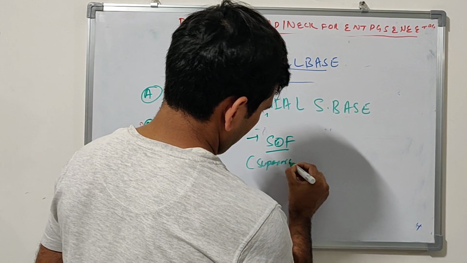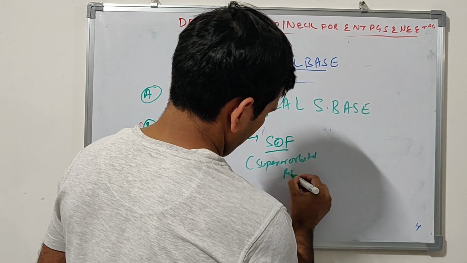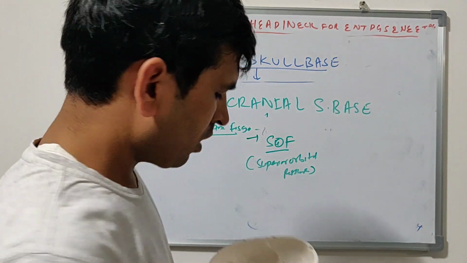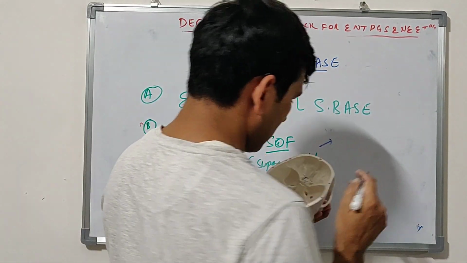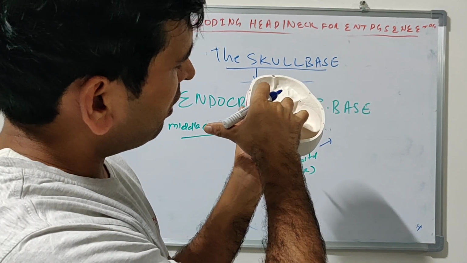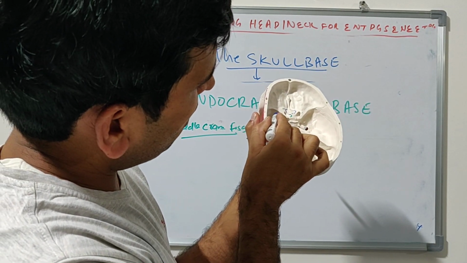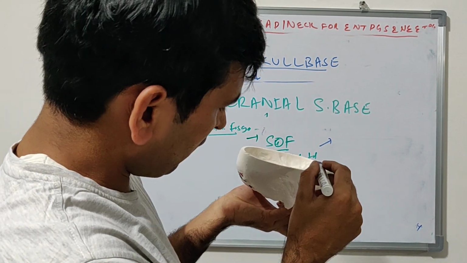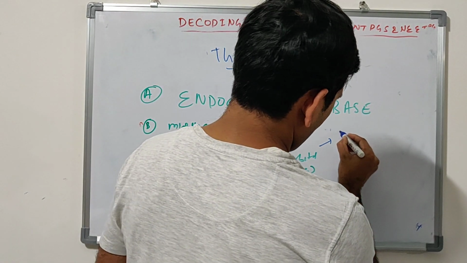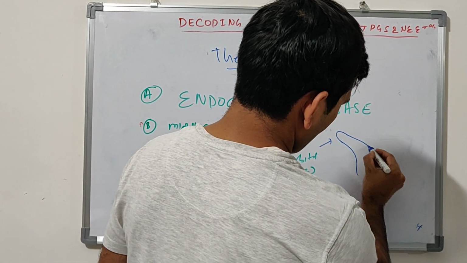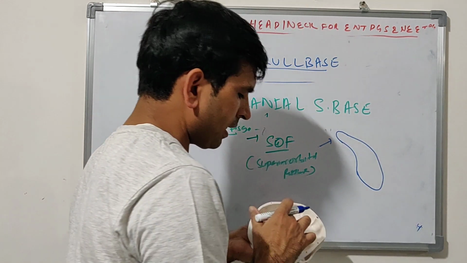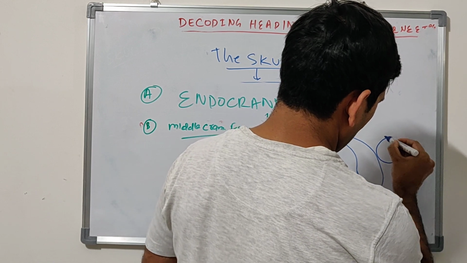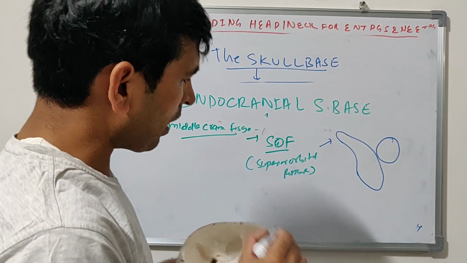If you draw a diagram, this is the superior orbital fissure, medially it is enlarged, and the optic canal is above this.